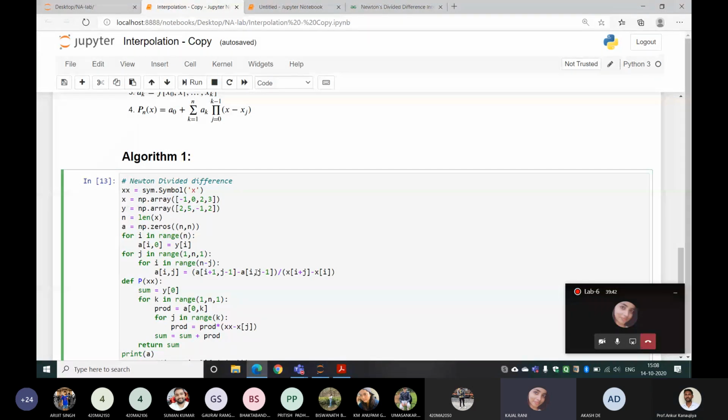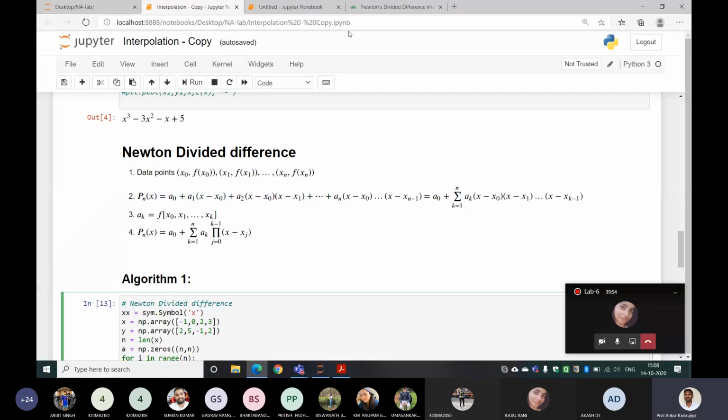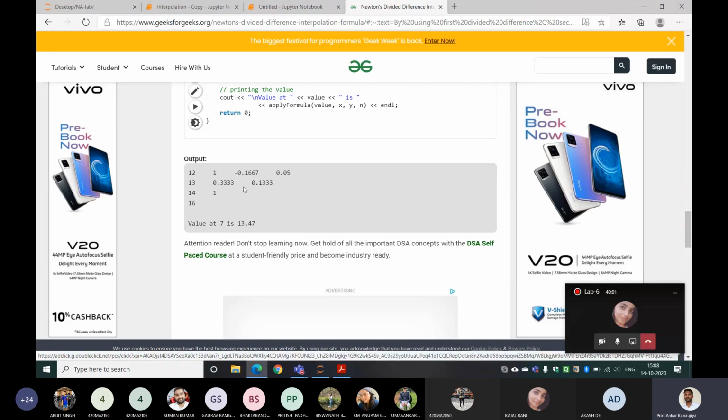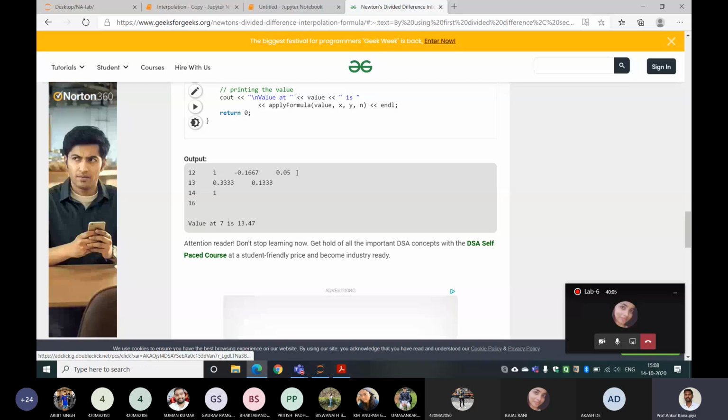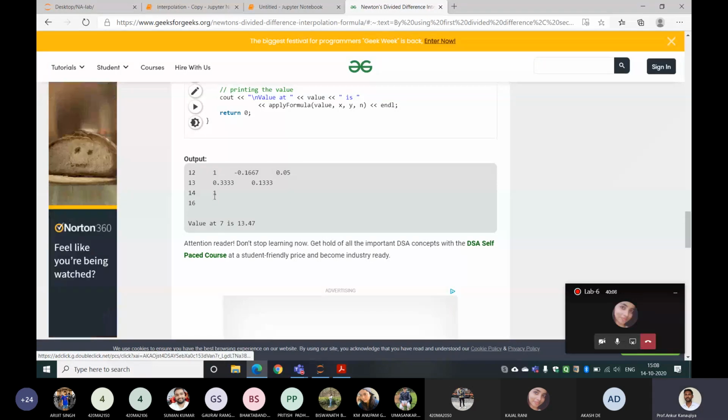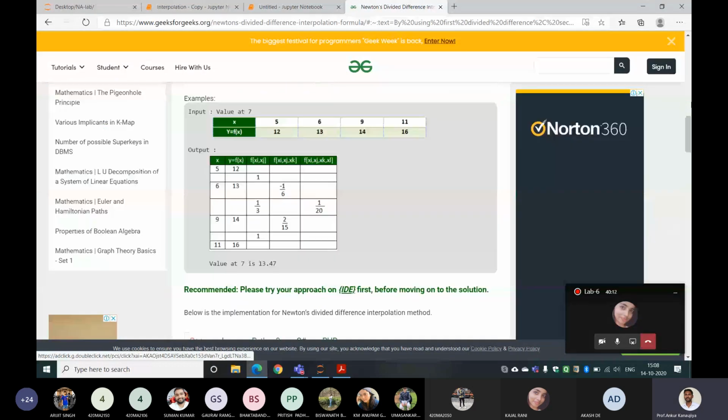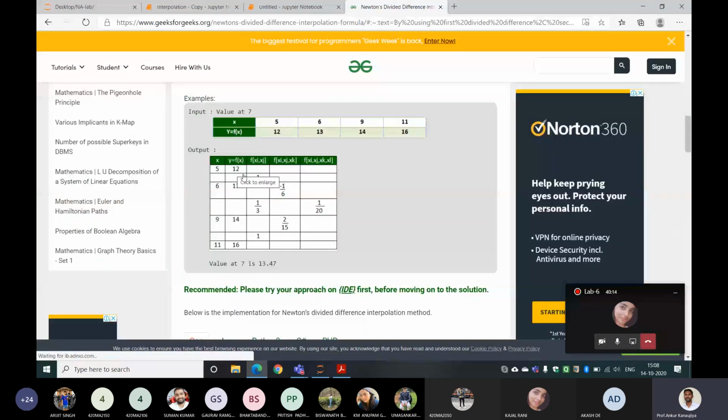Yes, sir. So now we got a i j. That means we got all the values in the divided difference table. Then what are a0 and ak? We need these a0, ak. So in the divided difference table, what are a0 and ak here? a0, a1, a2. So this is a0, this is a1, this is a2 if you are using forward. If you are using backward, then this is a0, this is a1, this is a2.